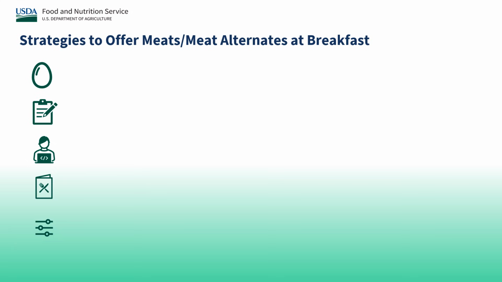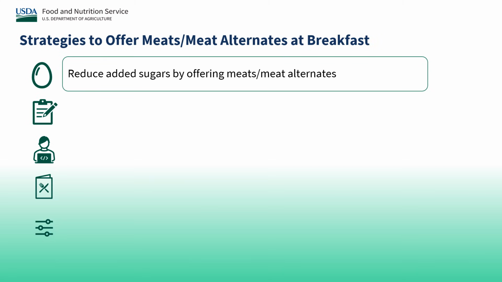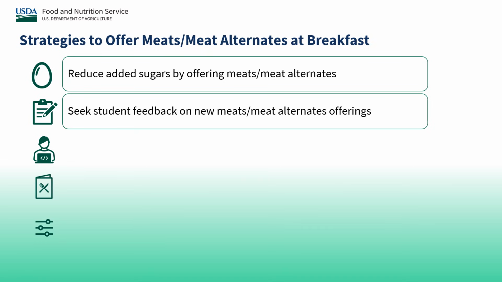Let's cover some strategies to offer meat alternates at breakfast. Offering more meats and meat alternates can assist with reducing added sugars at breakfast. Seek student feedback by conducting taste tests of new offerings that include meats and meat alternates.